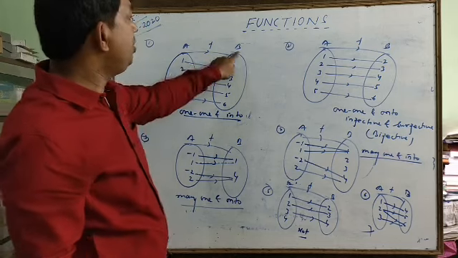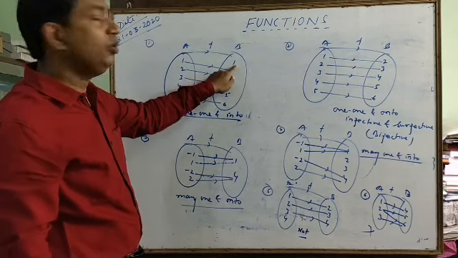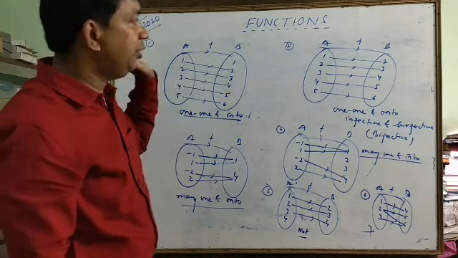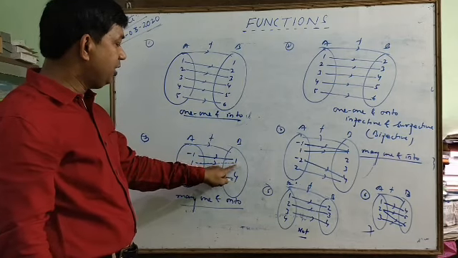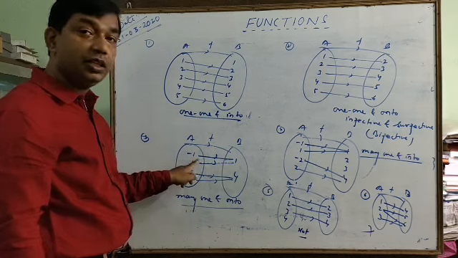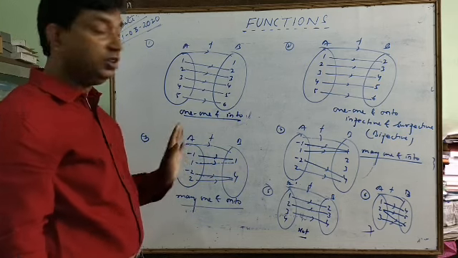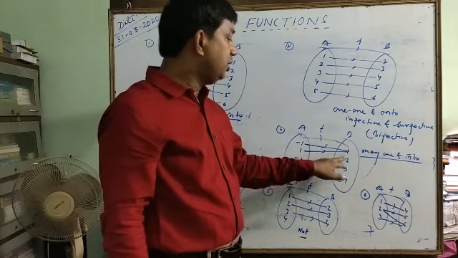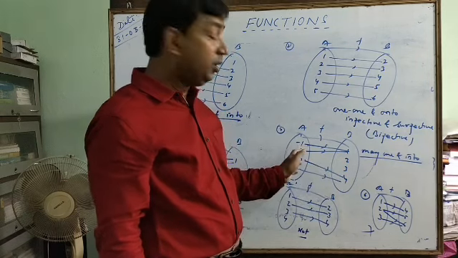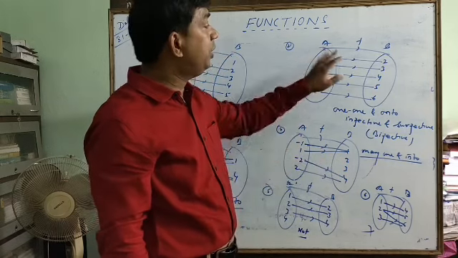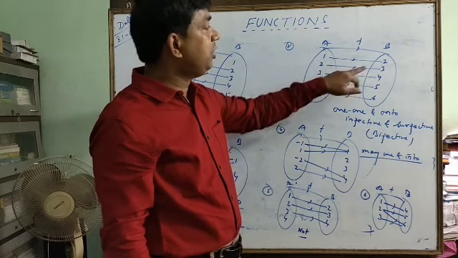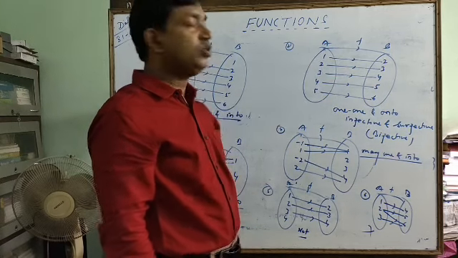From B to A, 1 has no image, so it is not a function. Why? Because 1 is related to two images, so from B to A it is not a function. Here 2 and 3 have no image, so it is not a function. But here A to B is a function, and B to A is also a function.